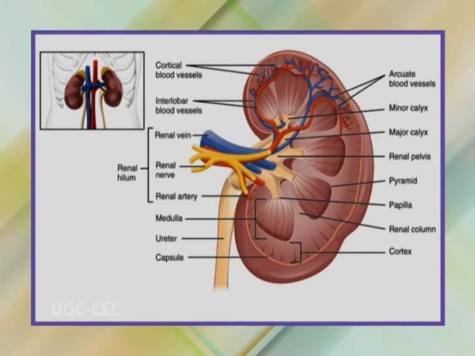The derangement of any of these functions would result in either decreased excretion of waste products and hence their accumulation in the body, or loss of some vital nutrient from the body. Based on the level of these excretory products and nutrients in the urine as well as in the blood, we can make an accurate calculation to decipher the efficiency of the kidney to undertake its various functions.